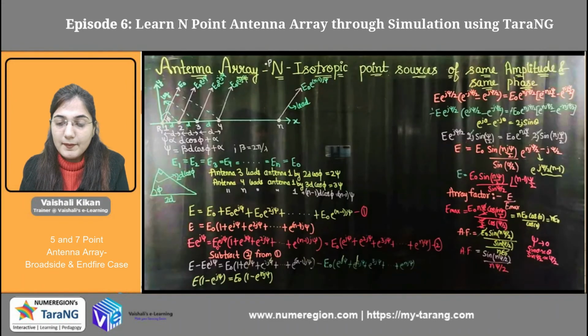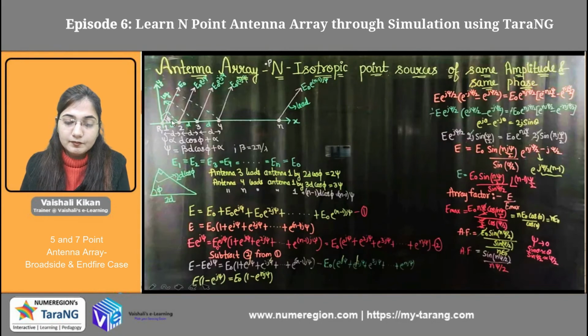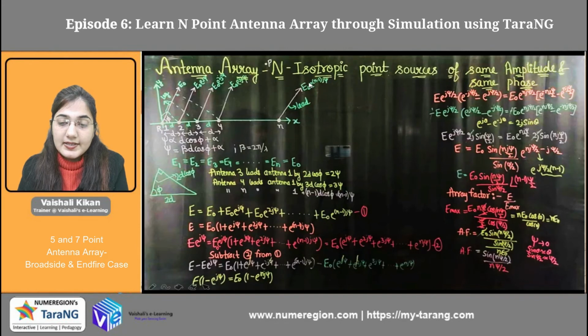Okay, so coming to the theory part. Here we have n-point antenna array which are kept at d distance apart. The distance d is equal in between all of the antennas, and also the electric field is same. So E1 is equal to E2 is equal to E3 up to En is equal to E0. Now if I observe the reference here at the antenna 1, antenna N is leading the most.